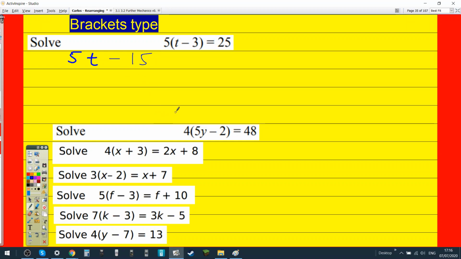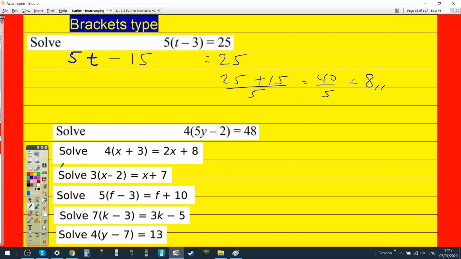So what is t? 15, take away 15, needs to come to 25. Would t be 8? Let's see. 8. Yep, I believe it is. So you can do 25, add 15, and then divide by 5. 40 divided by 5, and it is 8.